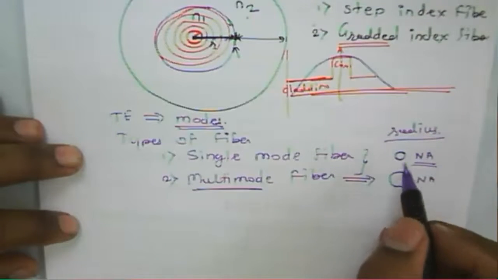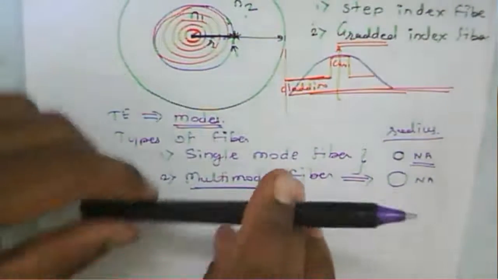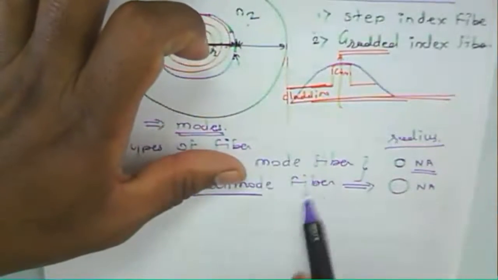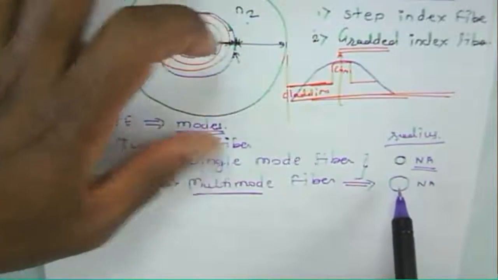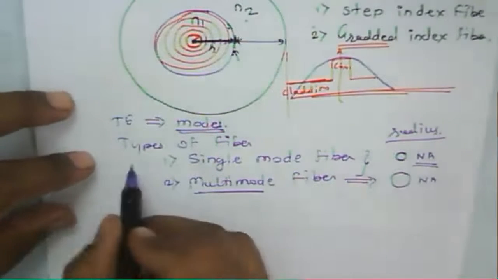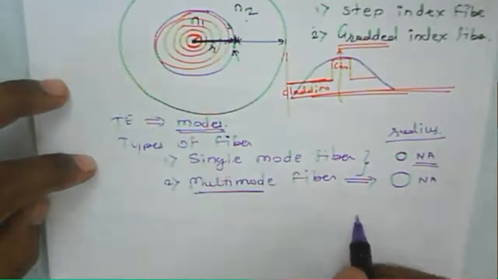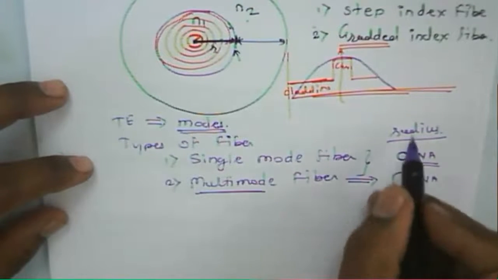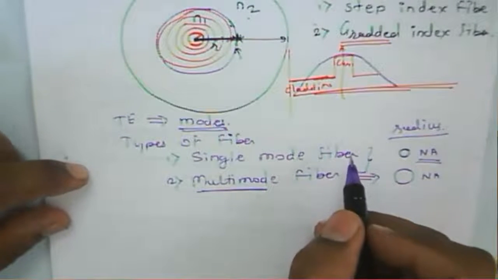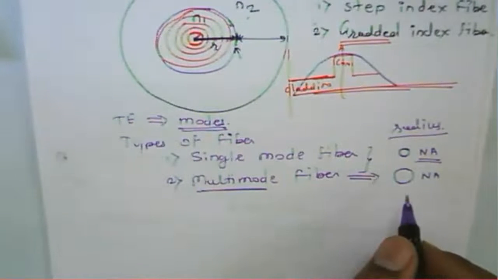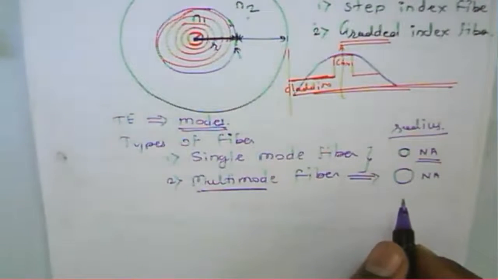Or if you consider only a multimode fiber instead of a single mode fiber, based on this radius, how many modes are propagating through the fiber will depend upon the radius here.